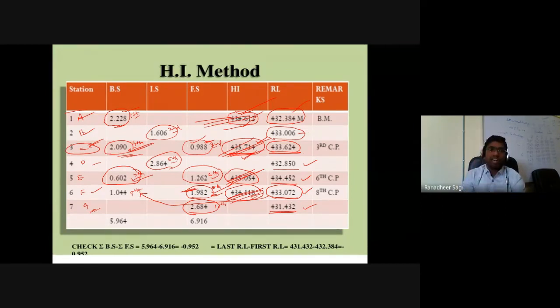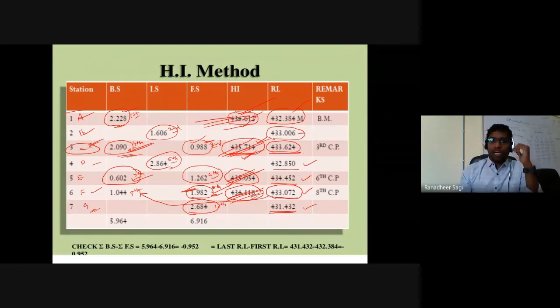It contains columns like at which point, station or location you have taken your leveling staff reading, and whether the reading is to be listed under backside, intermediate sight or foresight. All the readings given to you are to be properly represented in your leveling book under either backside, intermediate sight or foresight.